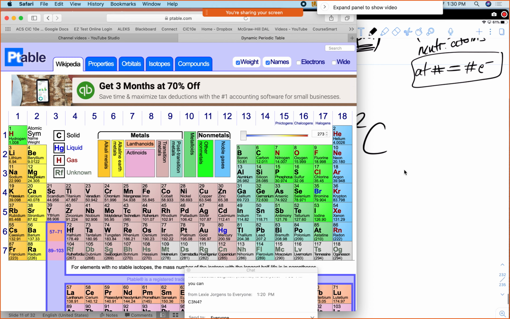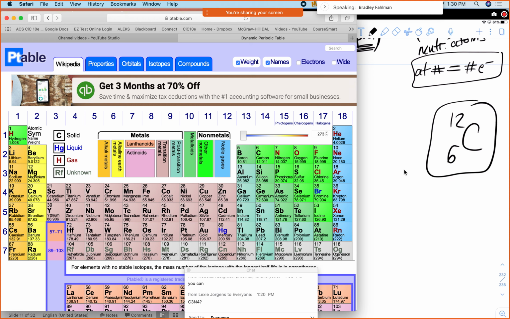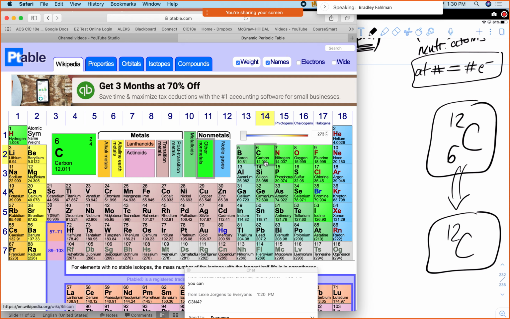So this isotope symbol, carbon 12, could be illustrated as just this, because since you already know the symbol is carbon, you know it's element number 6.